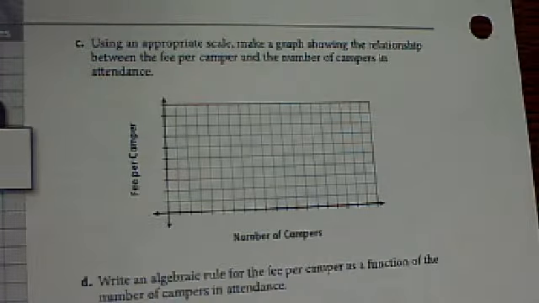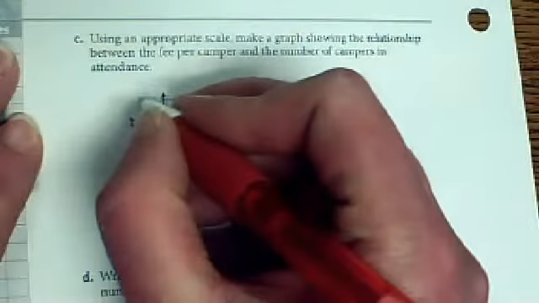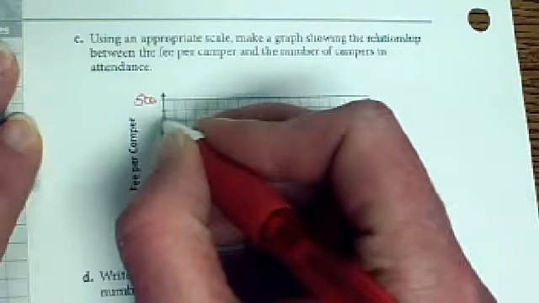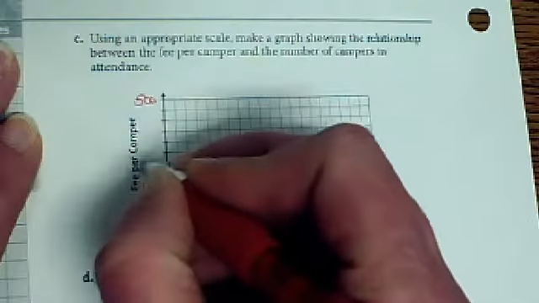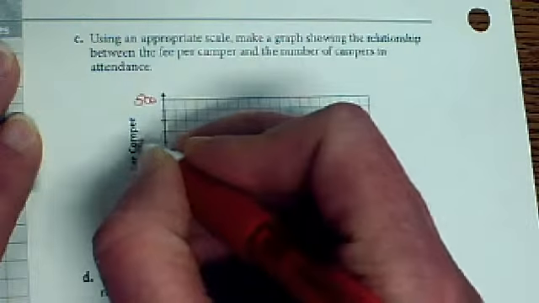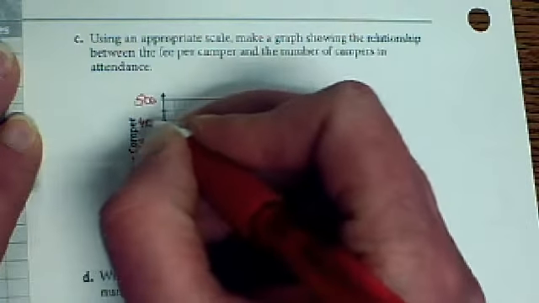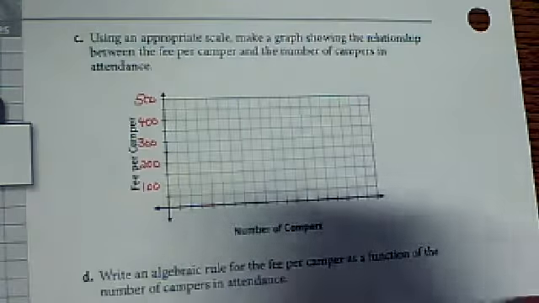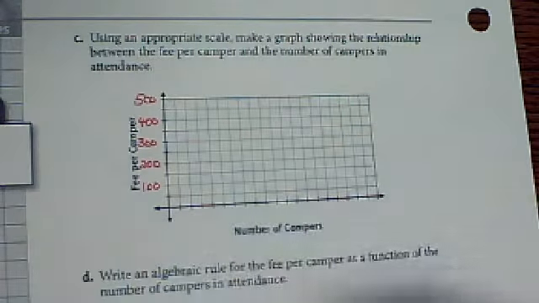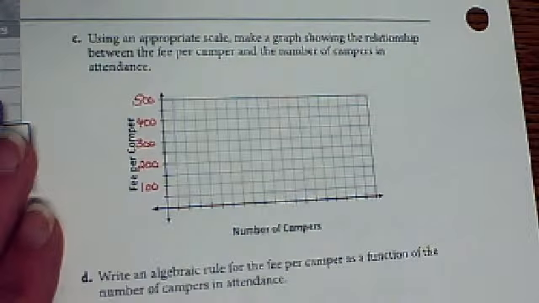So let's think how we would want to scale this. The fee was at 480, so what if we made this 500? 100, 200, 300, 400, so each of these would be 50. And then the number of campers, we got all the way to 1,000.